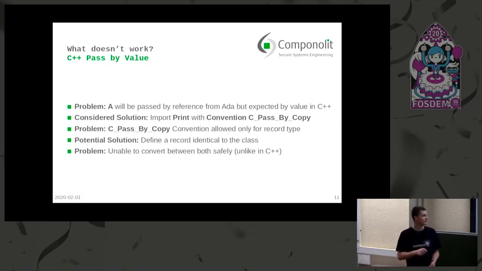So we can just define an identical record and convert between both. This is going to be really, really ugly, because you always have to convert between usually identical things. And you would have to make an unchecked conversion between a limited and a non-limited type. You take an address and convert it to something that is not an address, so this doesn't sound really safe.